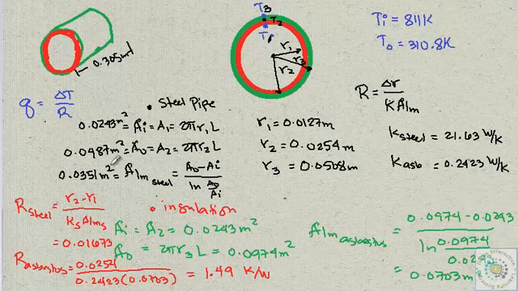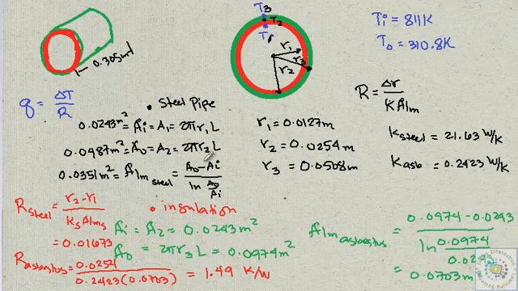Since we are looking for Q, the heat loss, it's equal to delta T, the temperature difference, over the resistance, in this case just the sum of these resistances. As you can see, the resistance offered by the steel pipe is very, very small compared to the resistance offered by the asbestos, which is the insulation in this case.